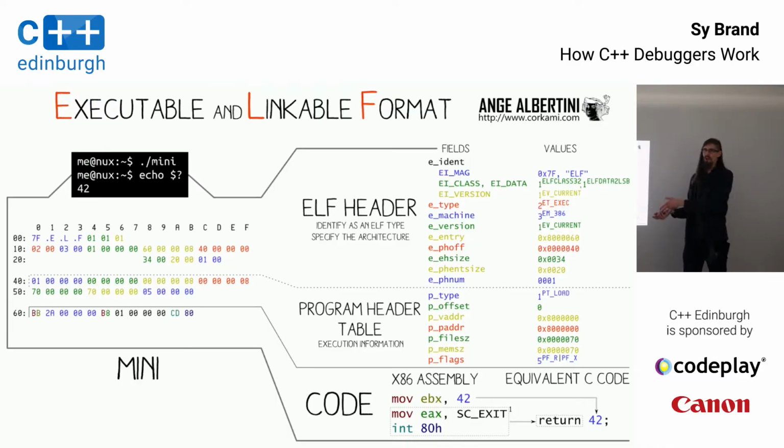Or maybe it's a shared library, and it has other information with regards to that. So ELF is a way of describing all of the different things you want to describe about your executable or shared library to the loader, so that you can actually execute these things and link them dynamically at runtime.